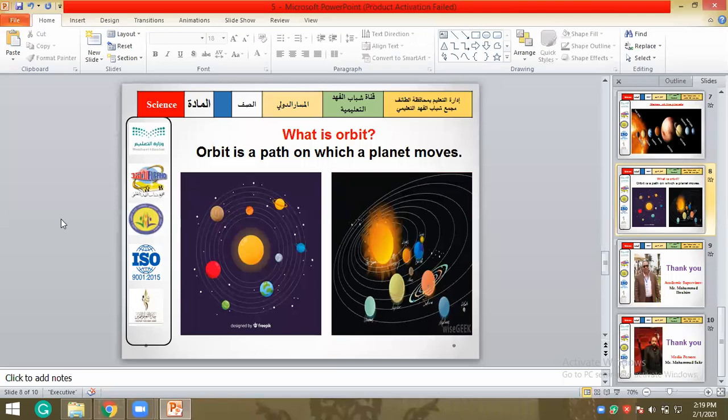So what is orbit? As I told you, orbit is a path. Orbit is a path on which a planet moves. This is the path for one planet, this is for the second, this is for the third, this is for the fourth. So it goes on.